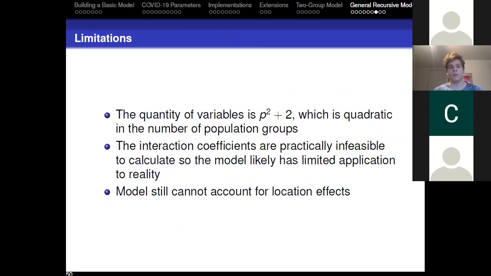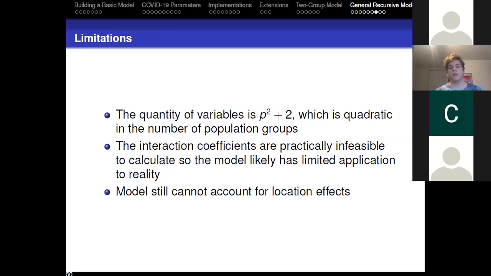And so the problem with this approach is that the quantity of different parameters that we have is p squared plus 2, which is quadratic in the number of population groups. So basically, the more population groups we add, the more parameters we need to keep track of. And so uncertainty in any of these parameters is going to affect the final shape of the model.